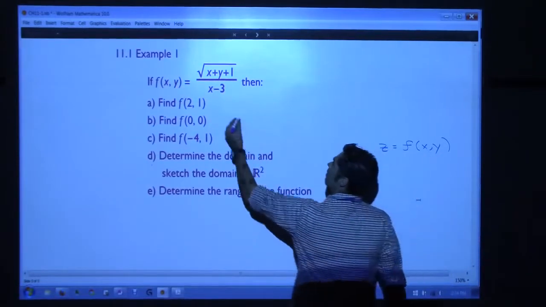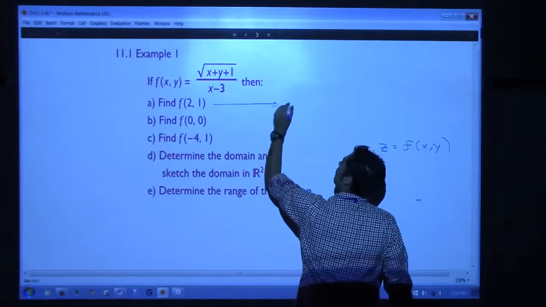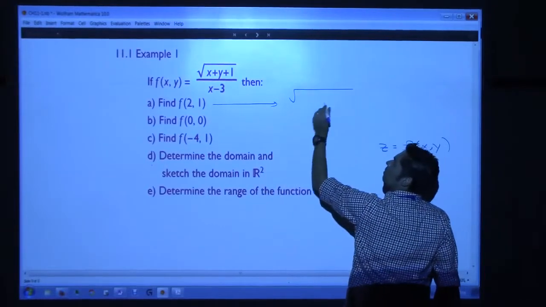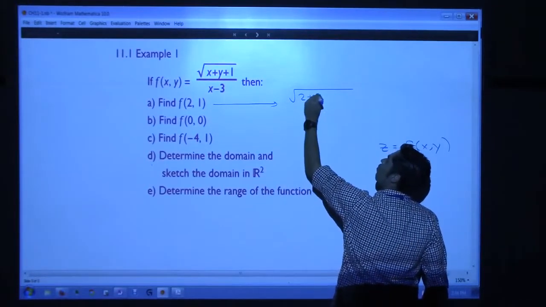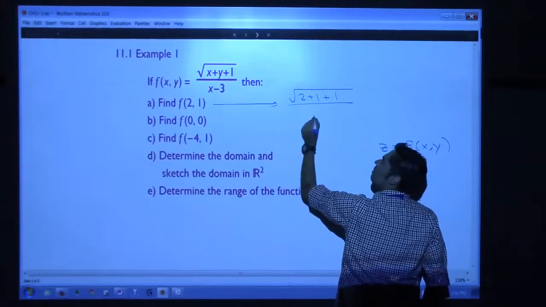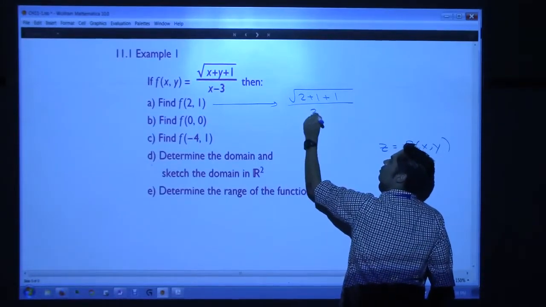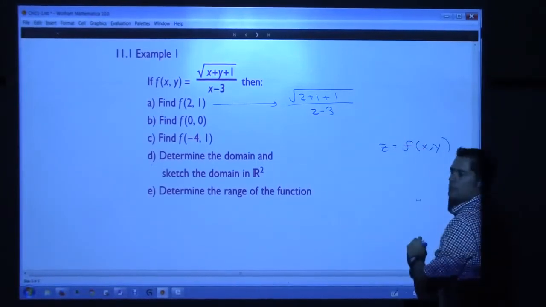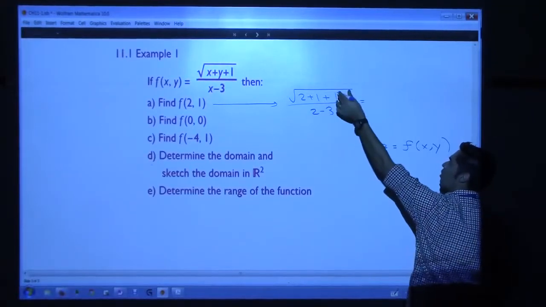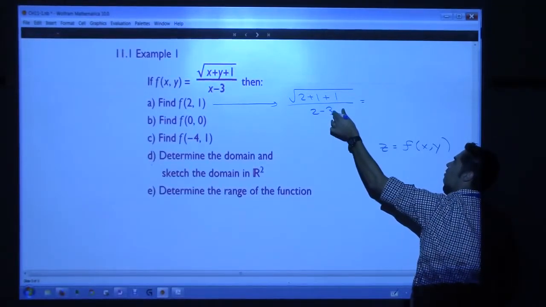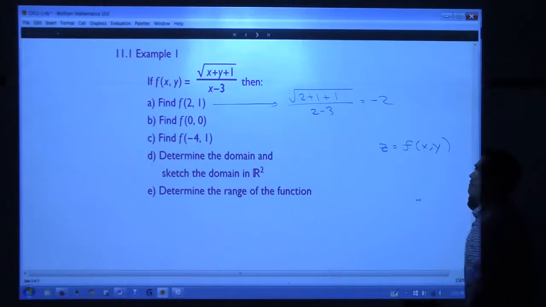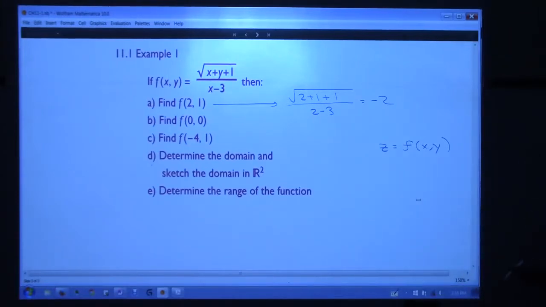So what would this be? Square root of 2 plus 1 over 2 minus 3, right? Which is root 4 over negative 1, so negative 2, right? So we plug in a point, it spits out a number.